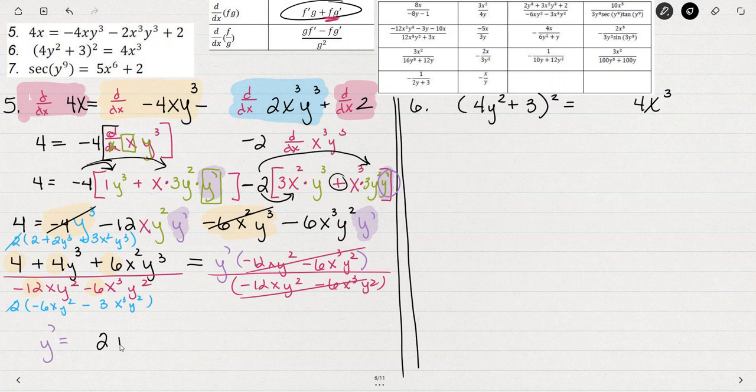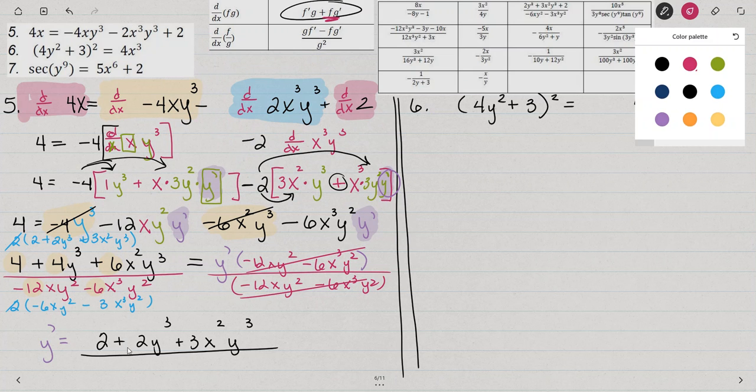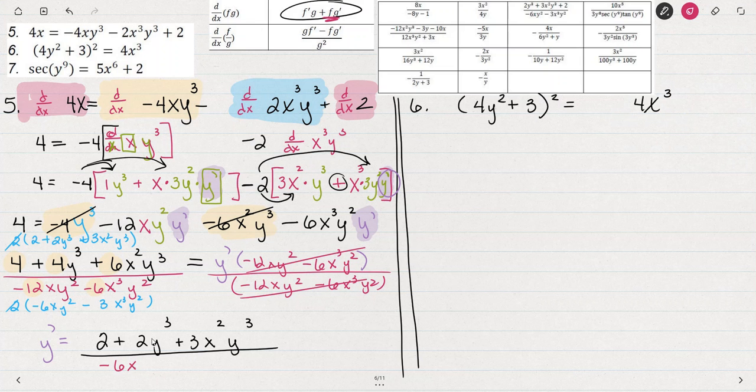In the numerator I have 2 plus 2y cubed plus 3x squared y cubed, all over the denominator negative 6xy squared minus 6x cubed y squared. And the only thing I could do to simplify this, it's a little bit better format to put this in descending order. So I'd really want to put this 3x squared y cubed first, because that's 5th degree.